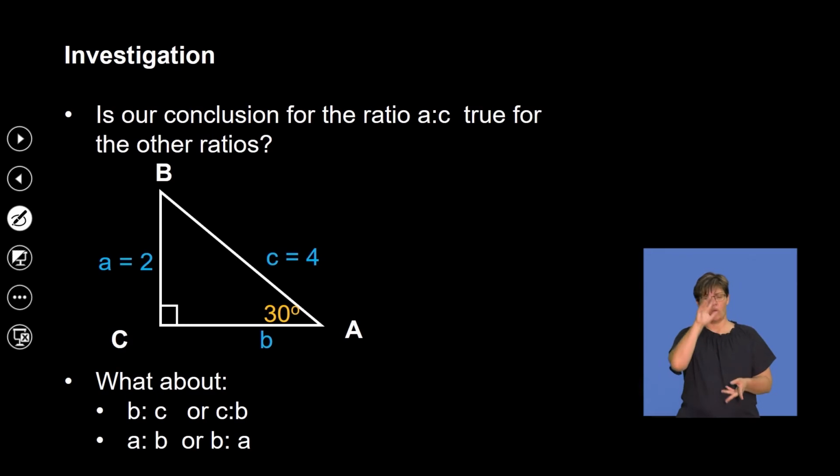Now, in our conclusion, is our conclusion for the ratio A is to C true for the other ratios? What do I mean when I say the other ratios? If now I'm comparing B and C, and I'm comparing C and B, also comparing A and B, what will happen? Will it still be the same ratio or not?